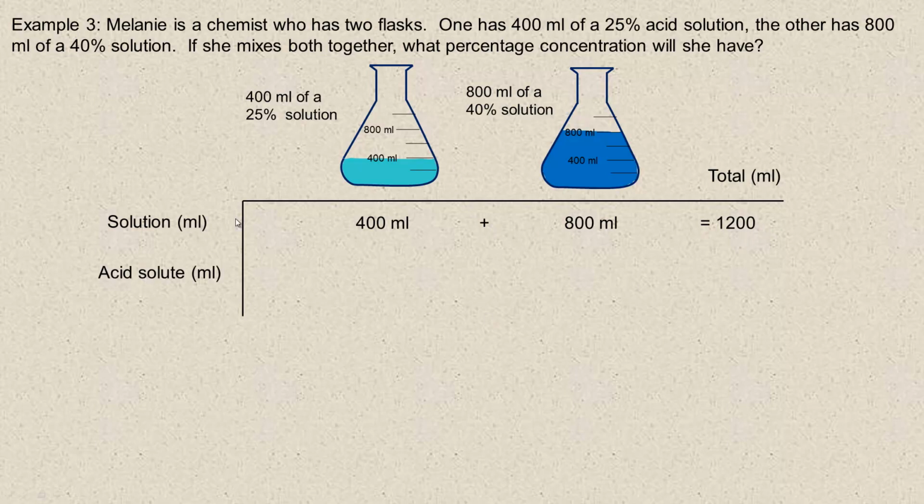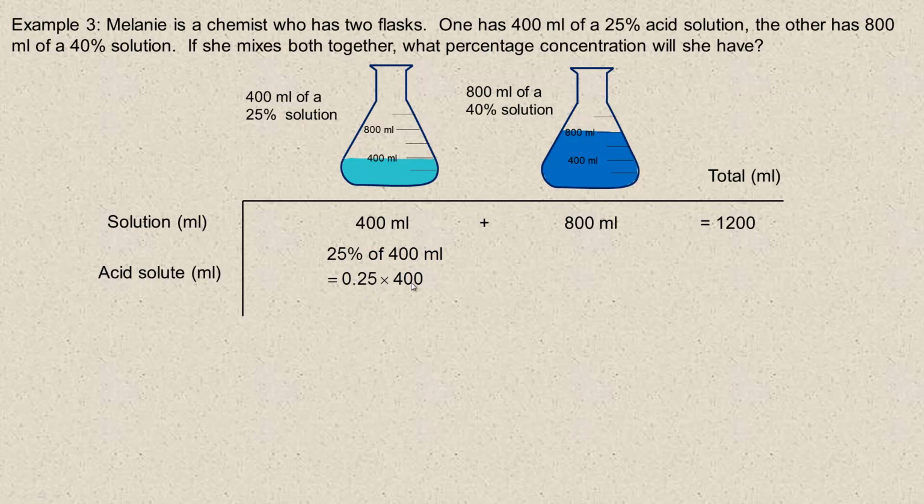So for the acid solute, we need to use these numbers that we have here. The amount of acid in this is 25% of the 400 milliliters. There's 25% acid, and then the other 75% would be water or other substances mixed in the solvent. So for the actual acid, we need to find 25% of 400. 25% is 0.25.